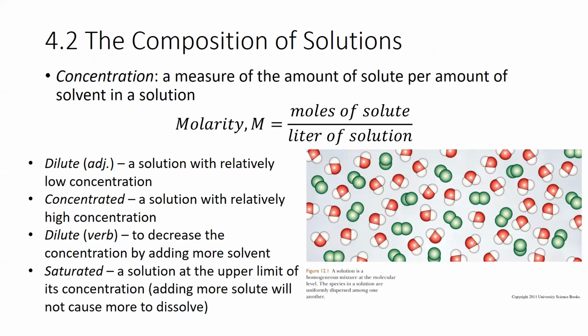So when it comes to stoichiometry of reactions, understanding the composition of solutions is of utmost importance. Molarity is defined as the moles of solute per liter of solution, or the moles divided by the volume, and you get an average number of moles per liter. Just like in density, you get an average number of grams per volume, usually grams per milliliter.